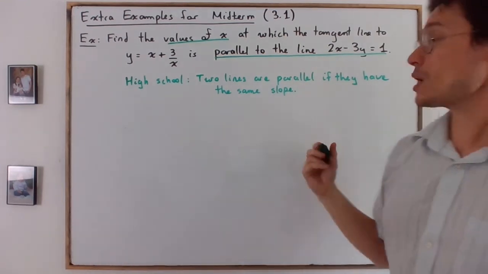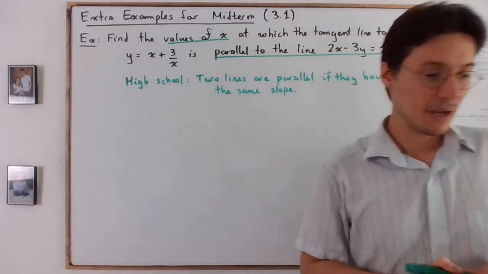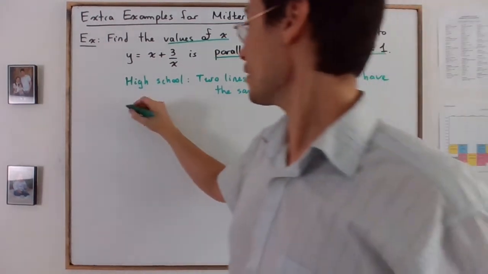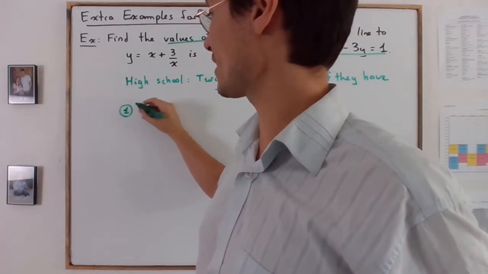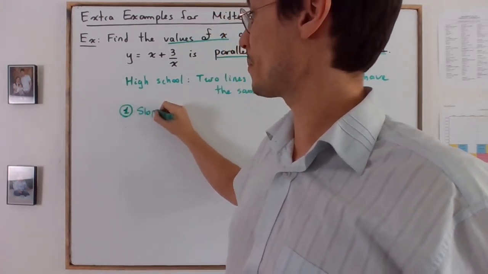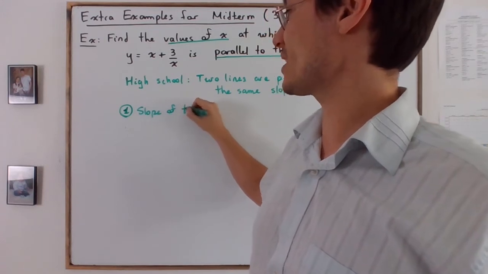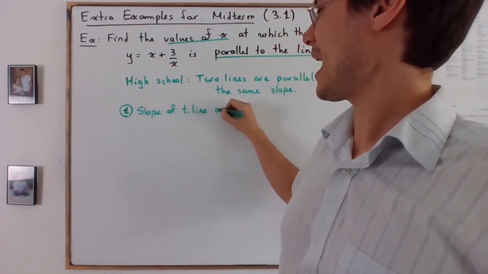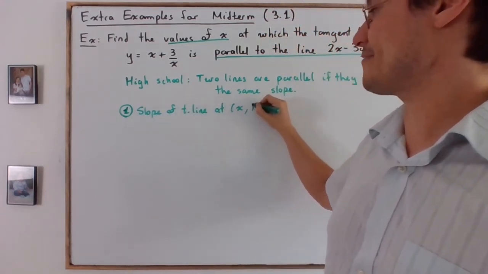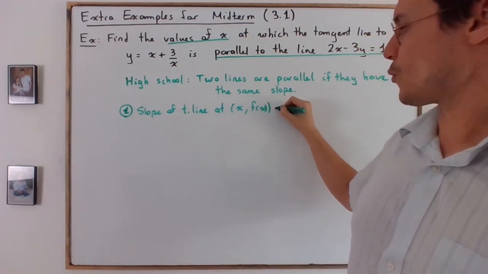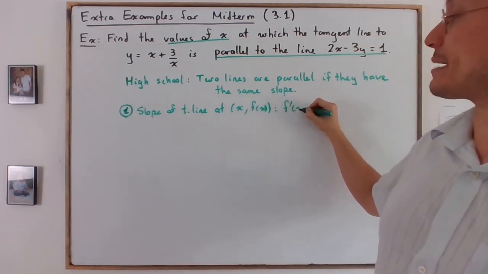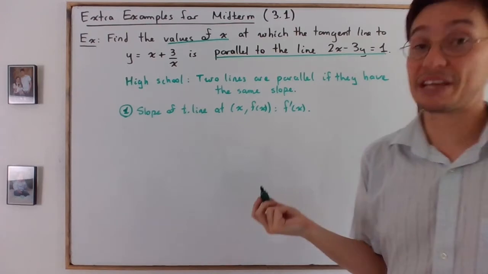So what does it mean? It means that, one, we will find the slope of the tangent line at x, f of x. Remember that this is simply f prime of x, so we need to take the derivative.